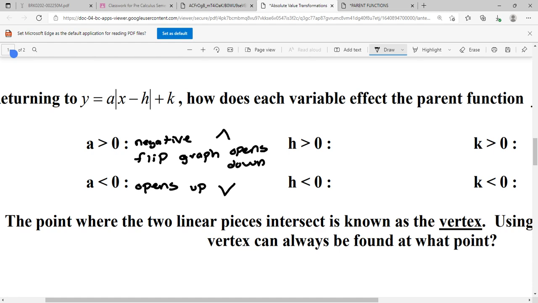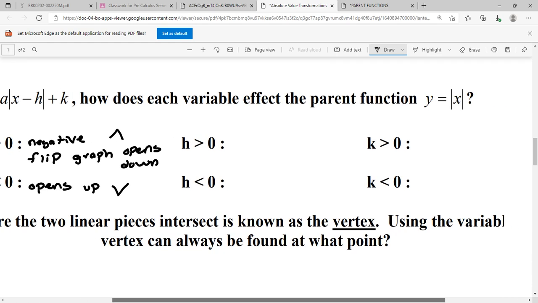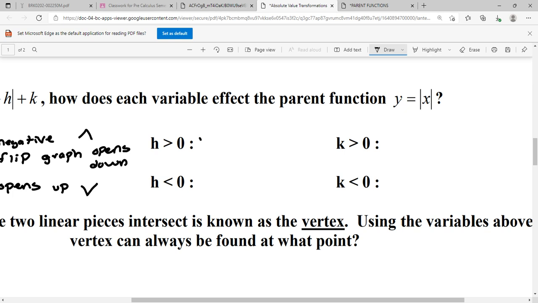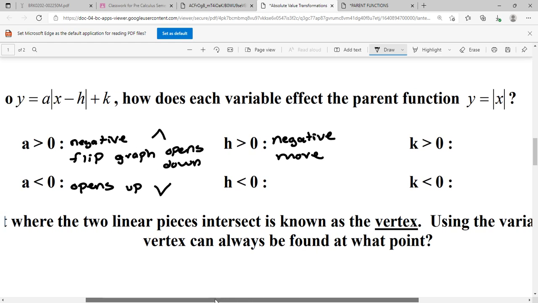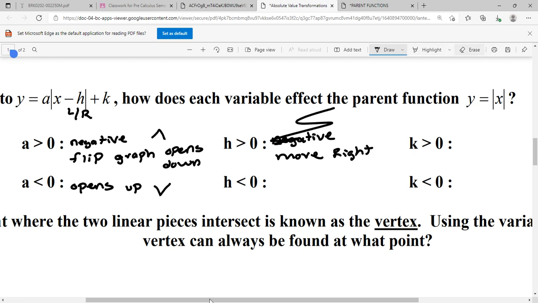If h is less than 0, right, so if h is negative, it's going to move it. Remember, we have to do the opposite of that. H is the one that is inside the absolute value sign right there. That's our horizontal. This is going to be our left, right, and we swap the sign, so negative h is going to be a positive move, so I move to the right. If h is, oh, whoops, I did that backwards.